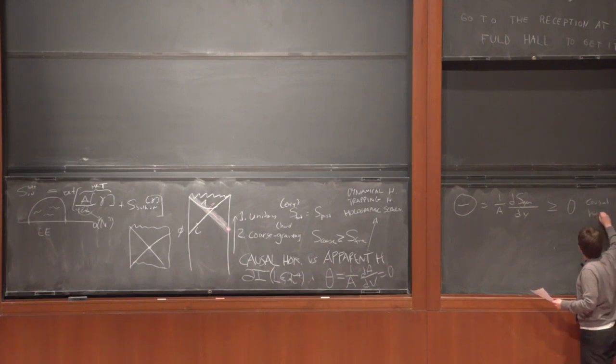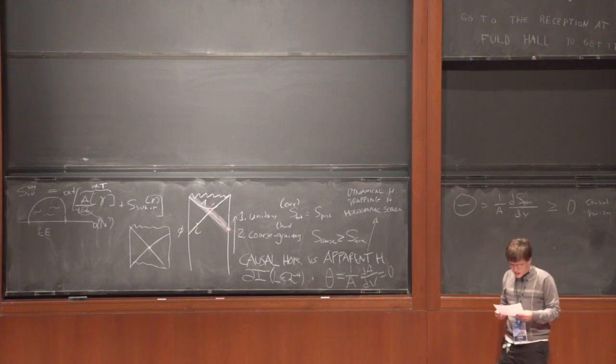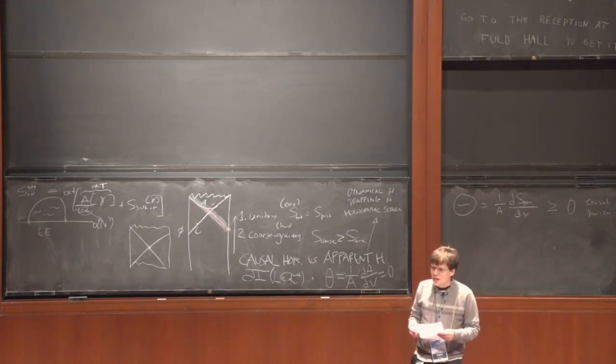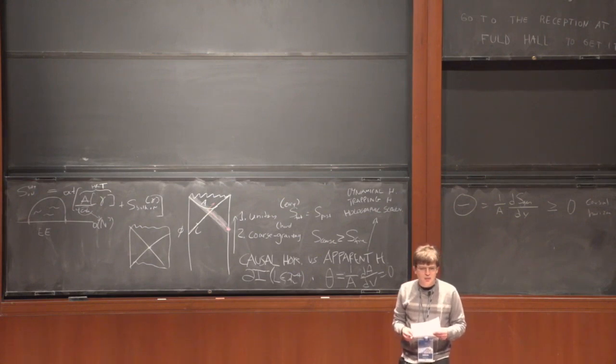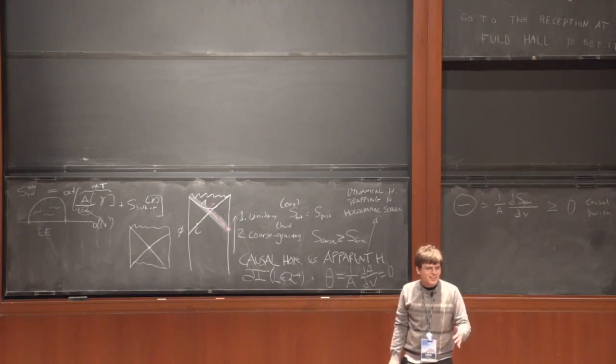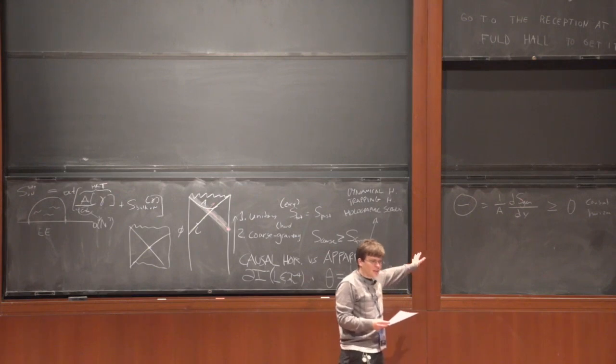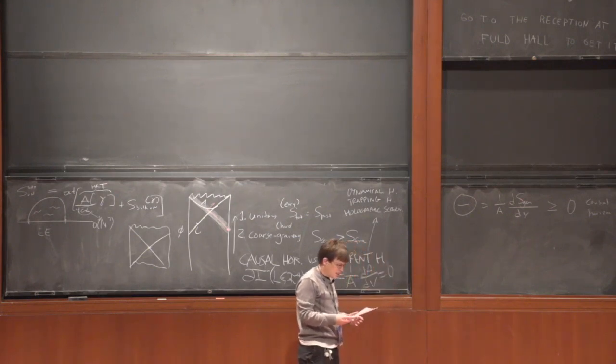I proved this for theories that flow to a free theory in the ultraviolet, but Casini, Teste, and Torroba have weakened this assumption, so now they can prove it for any interacting CFT in the UV. So this is a general semi-classical result.